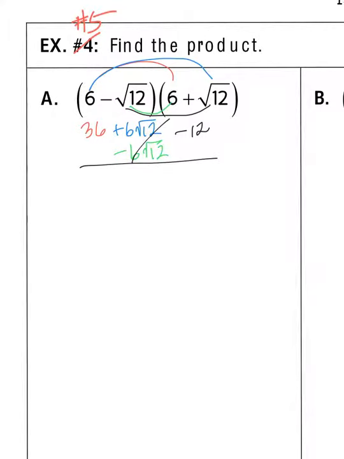So notice that these cancel, and you are left with 36 minus 12, which is 24. Notice that for once, we actually got rid of the radical. So let's do another one, B. I want you to try B on your own. So pause the video, tell me what you get, and do C on your own too.